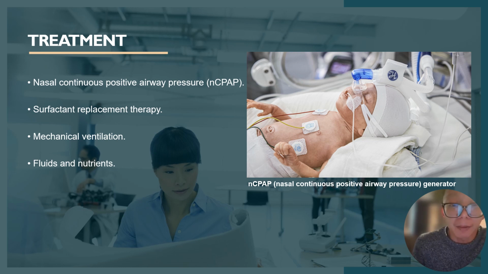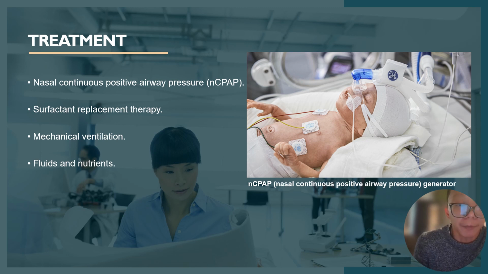The second possible treatment is surfactant replacement therapy. This can be used if a newborn struggles to breathe despite the use of CPAP. Sometimes giving an infant surfactant requires the use of a breathing tube. If so, because of the possible complications, your baby's provider will help you consider the risks and benefits of the procedure.